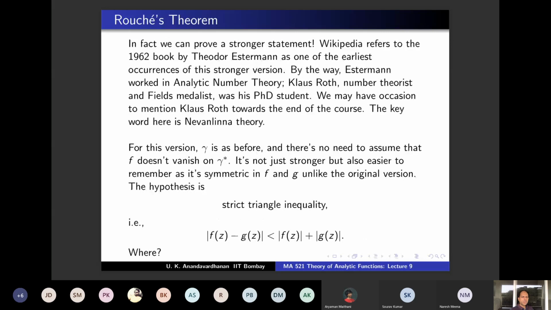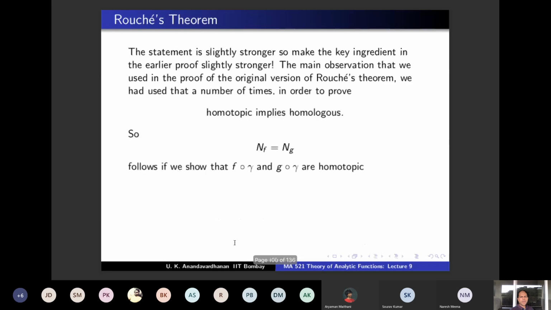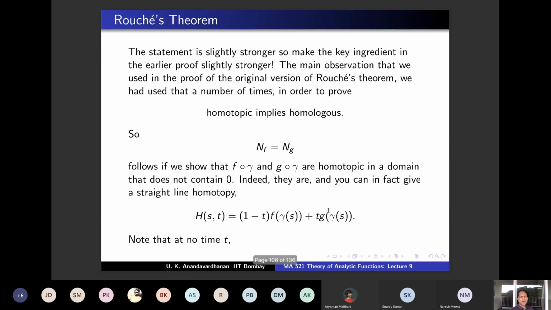That's why I put minus G here. If I had put a plus G, then I would have had to argue with maybe a minus sign in my homotopy. So the triangle inequality will get violated. So therefore everything is okay. So you have proved the stronger version.